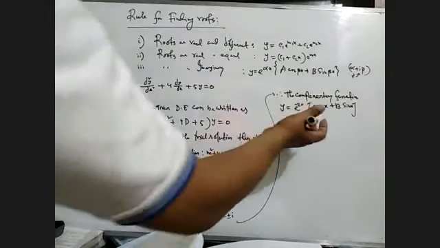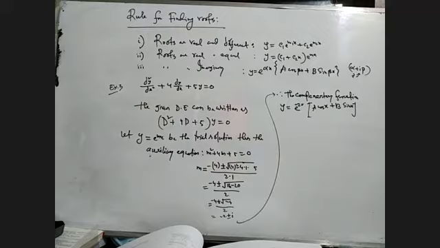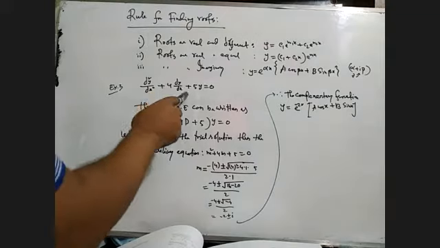Here A cos x and B sin x. Actually, this is the complementary function, the result and solution of this homogeneous differential equation.